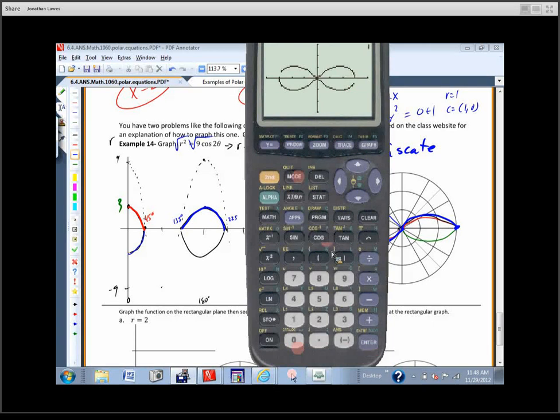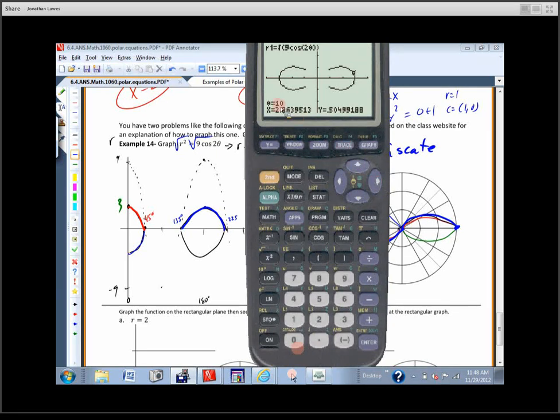Okay, I'm going to stop this because it'll be faster if we do... Okay, I'm going to change this to 10. Have it graph it really quickly. And watch right here. Let it finish. I'm going to hit trace.